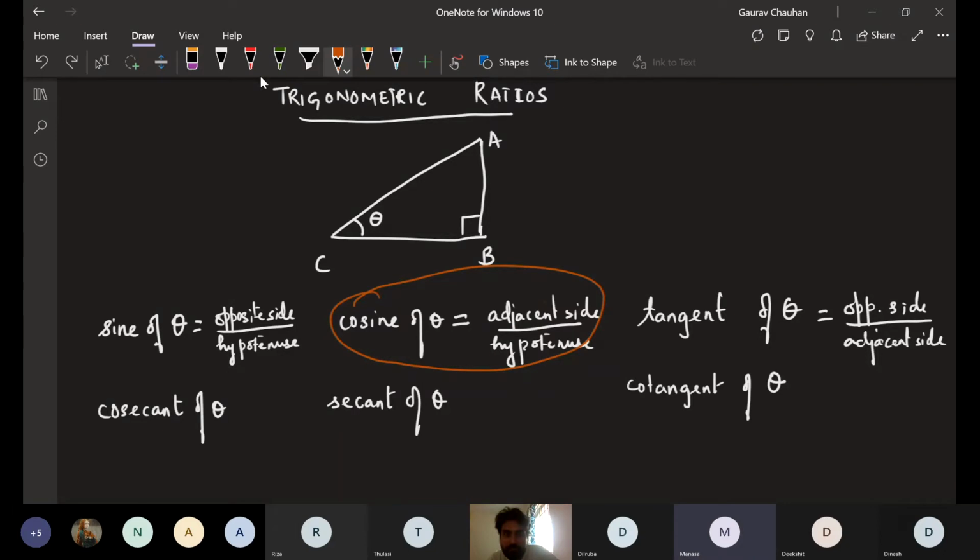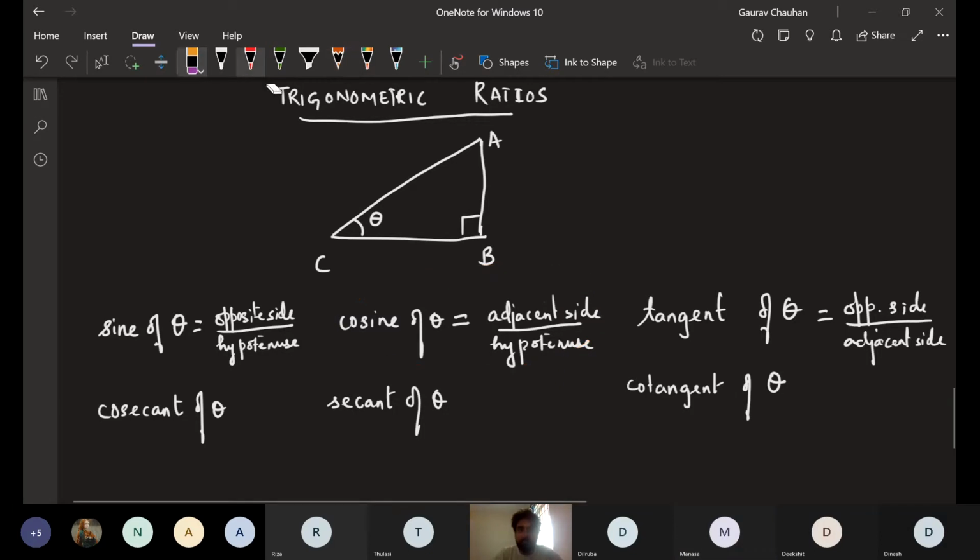You know what is hypotenuse, what is adjacent side, what is opposite side. Can you substitute? Sir, adjacent side will be CB. BC, okay, CB or BC. And hypotenuse will be CA, sir. CA. So my cosine of theta will become, let me write it here.